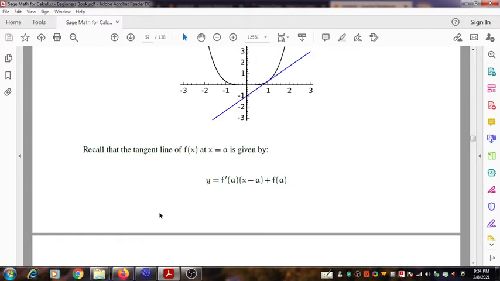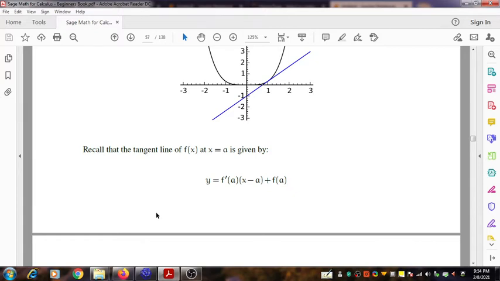This idea is taken from the basic topics of calculus. So what is the importance of this?